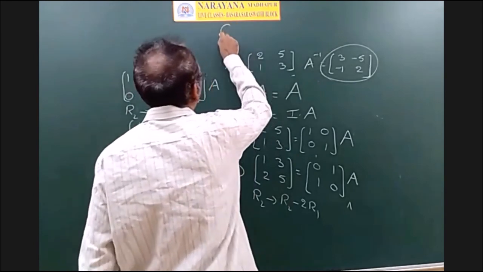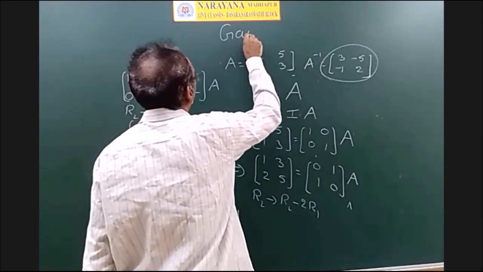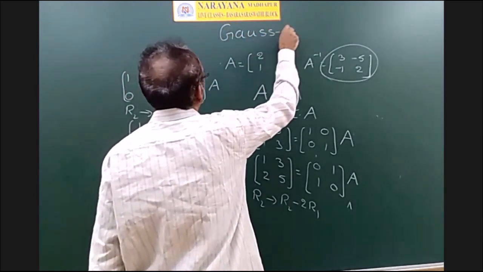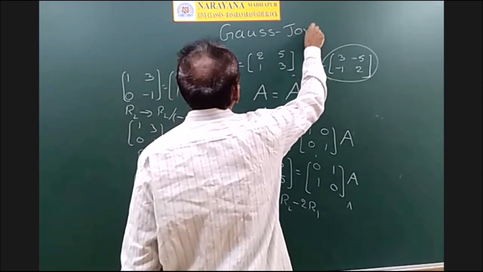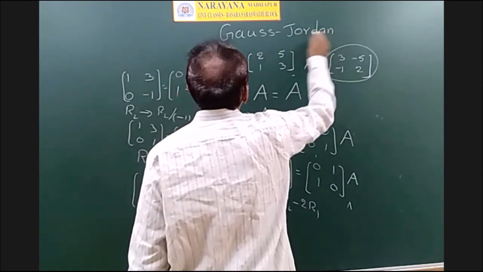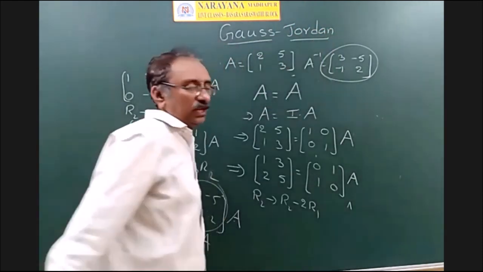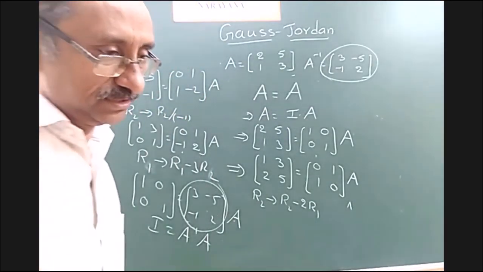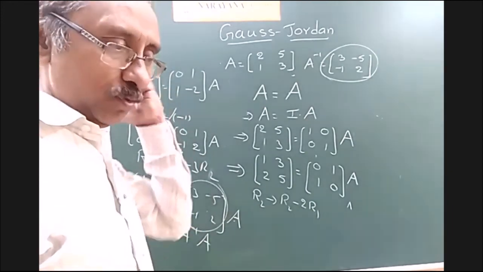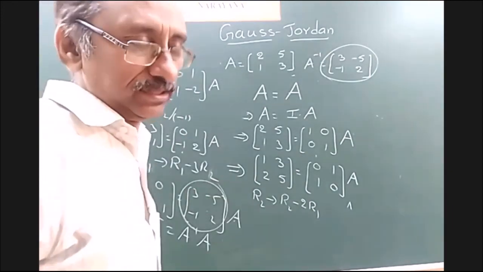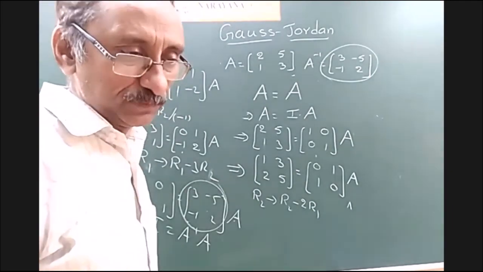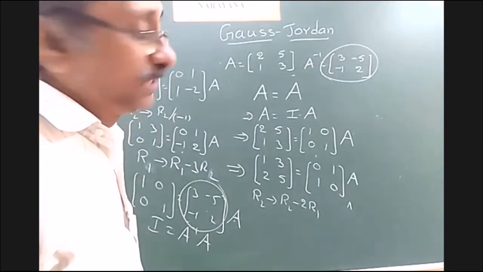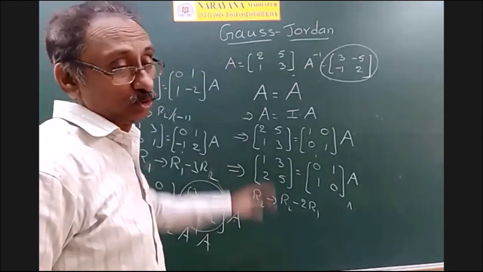Gauss-Jordan, a very, very important method. For non-homogeneous equations, 3 methods are there. One is Cramer's rule, we learned that. One is the matrix inversion method, that also we learned. But this is the Gauss-Jordan method.